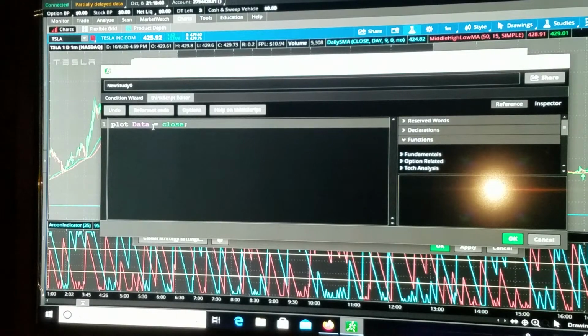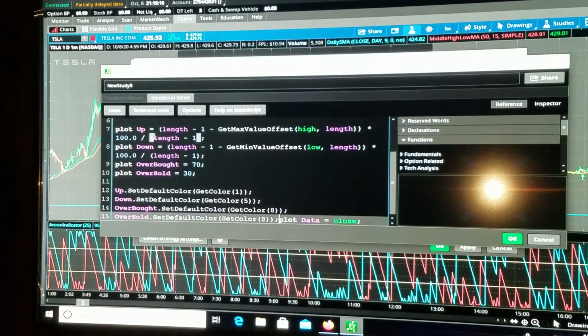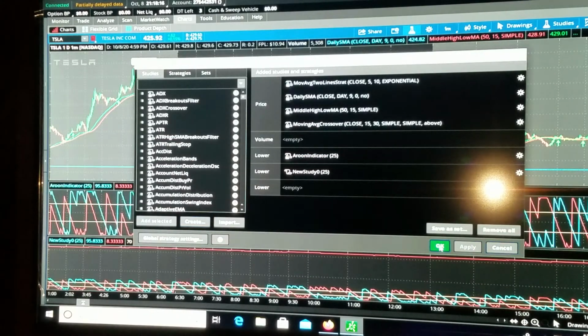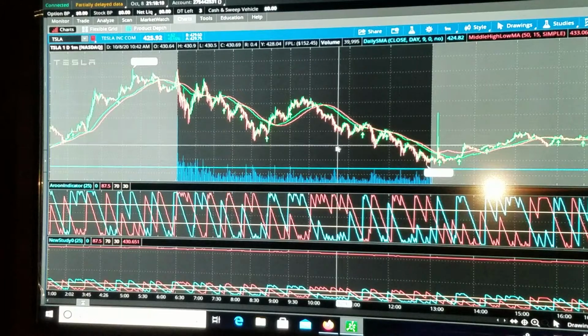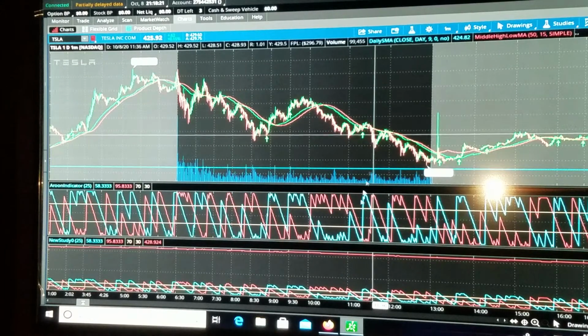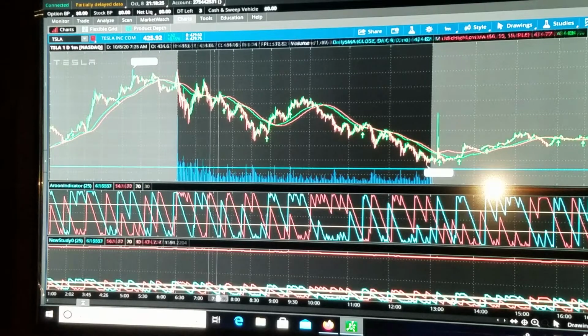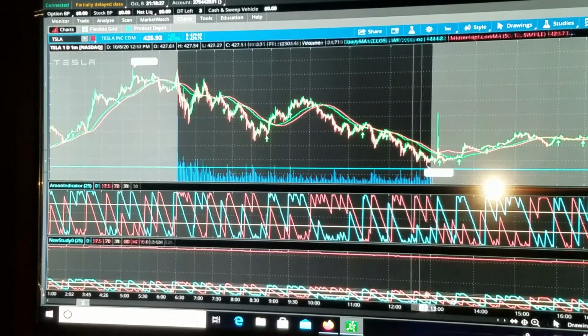Okay. Plot data equals close. Now we'll do paste. Hit apply. Okay. Now we can see down here, this is our new study.